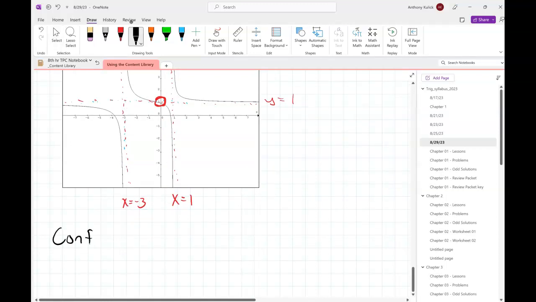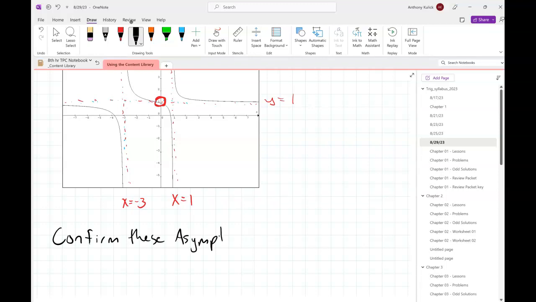What we're going to do now is confirm these asymptotes by using a table of values.